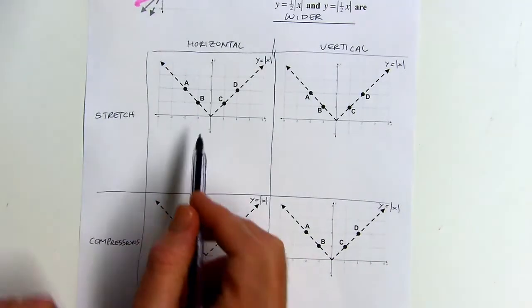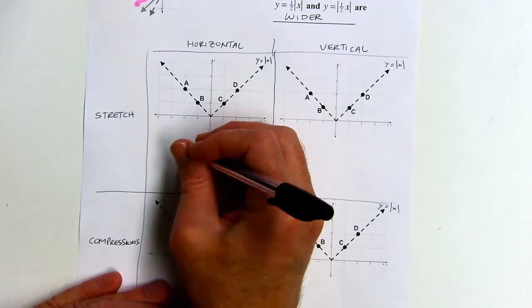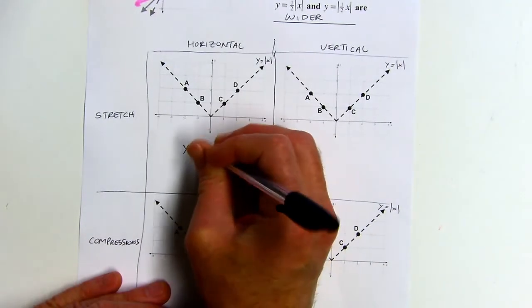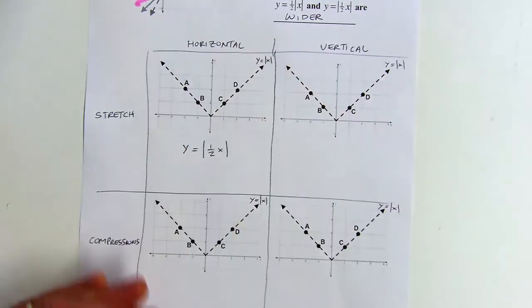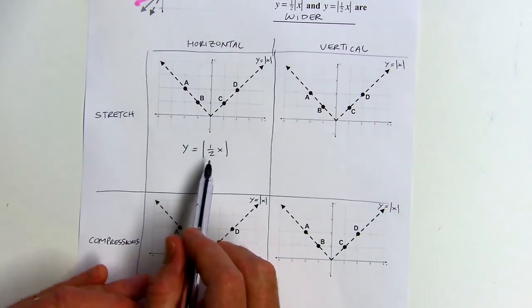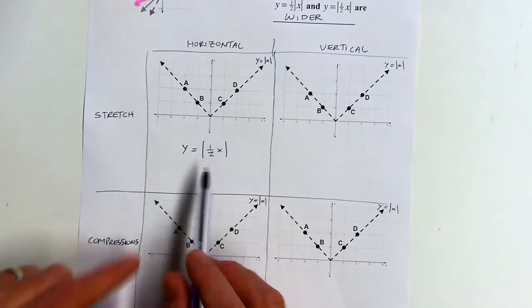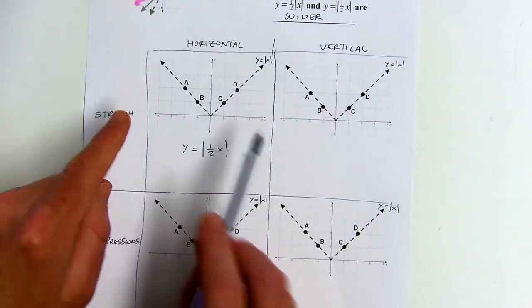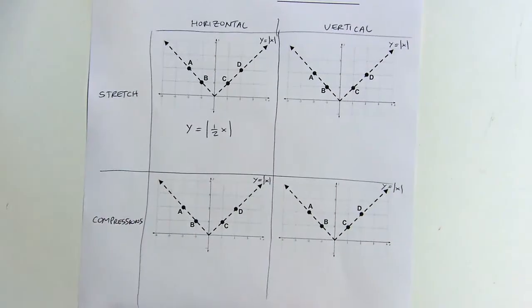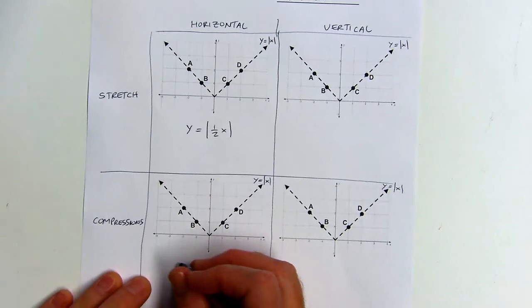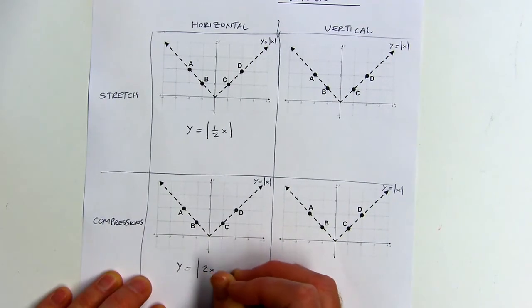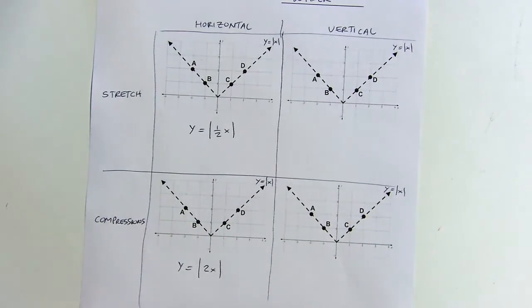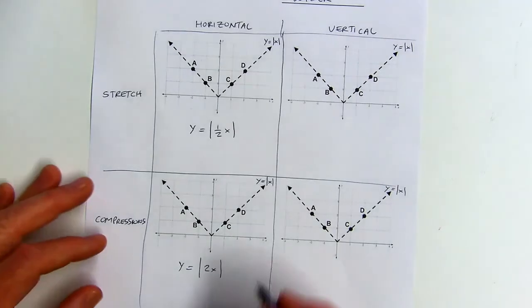So if we've got a horizontal stretch, and this is just an example of a horizontal stretch, you have a number on the inside, okay? That makes it horizontal, and then when you have a number less than 1, it's going to make it wider, okay? And when we go down to horizontal compression, we'll also have a number on the inside, and I'm just going to use 2 there, but that a value will be more than 1, okay?